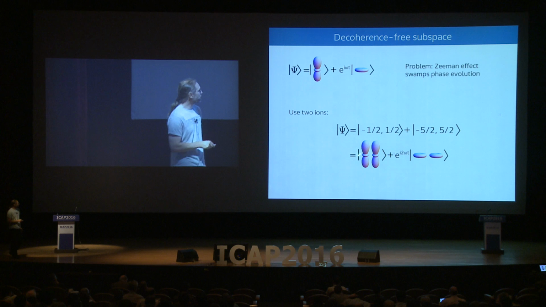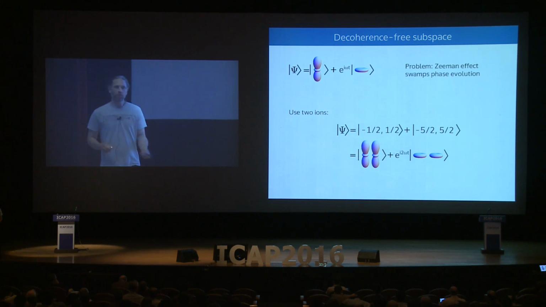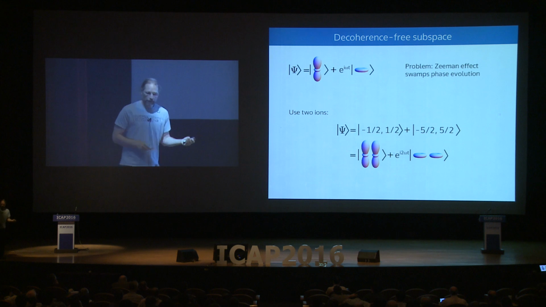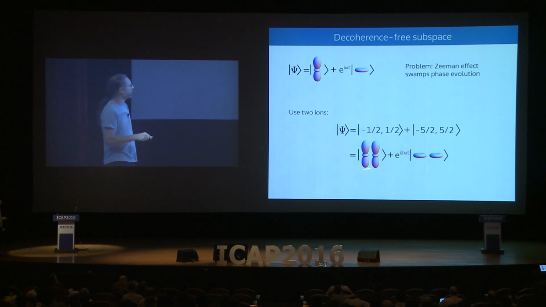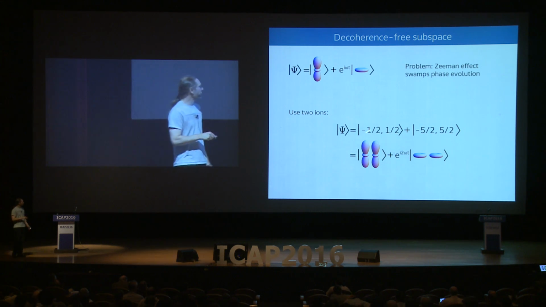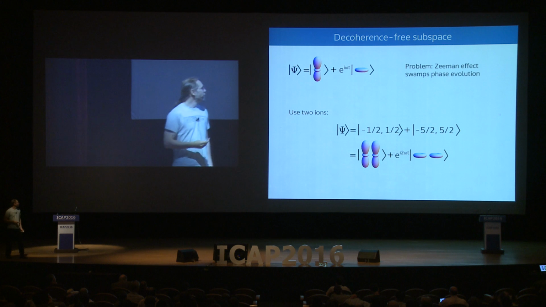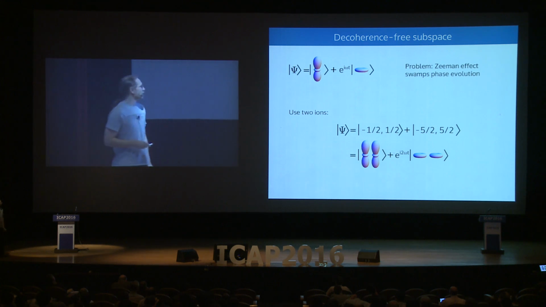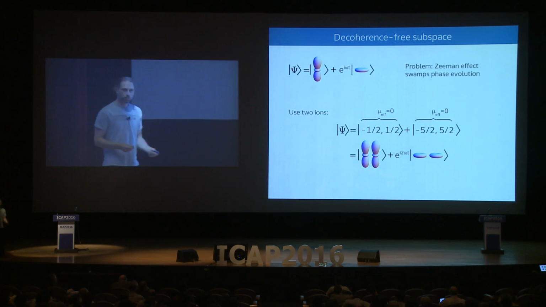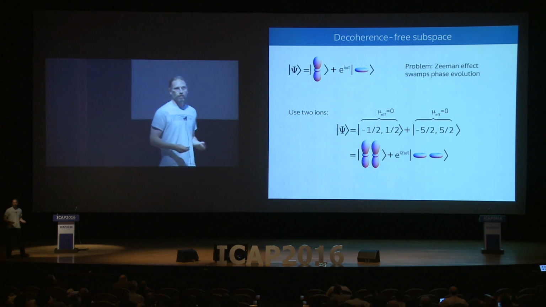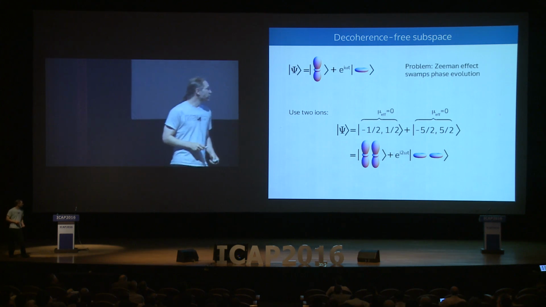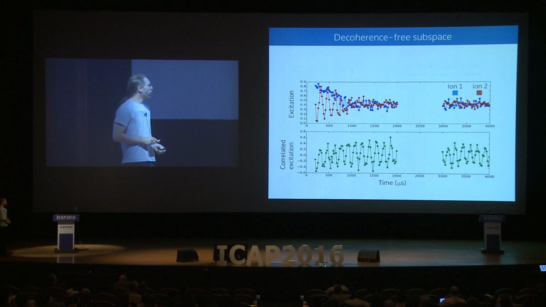When you look at this, the wave functions look very similar, so they have the same sensitivity to this background field. However, the magnetic moment of this part of the superposition is 0 if you assume a globally homogeneous magnetic field. The same holds for the other part too. Therefore, if the magnetic field is changing, the relative energy of the two states is not changing. So that is the whole trick.